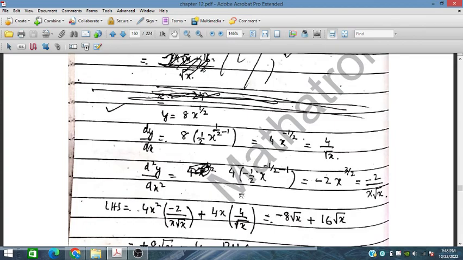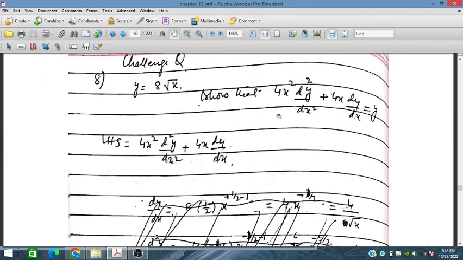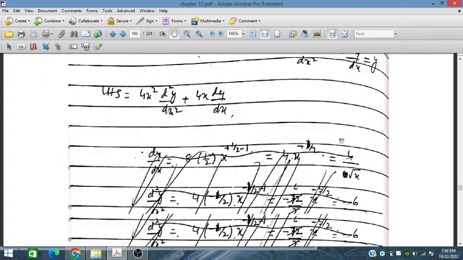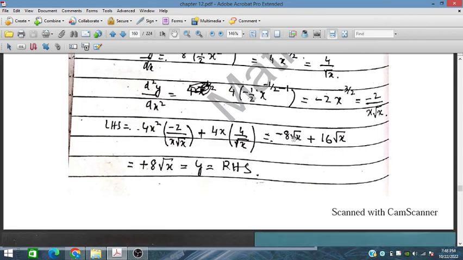We place the second derivative and the first derivative on the left hand side, with these as the coefficients. This is minus 8. So we simplify it and we get 8 under root x, which is y, the right hand side. So we take the left hand side and prove that it equals the right hand side.